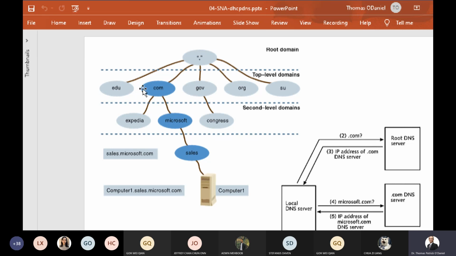Microsoft.com. But there's one group of people at this level who are in charge of everything. This is their zone of authority, right? And the root domain is the ultimate zone of authority. So the DNS servers at the root domain only keep track of everything in these top level domains.